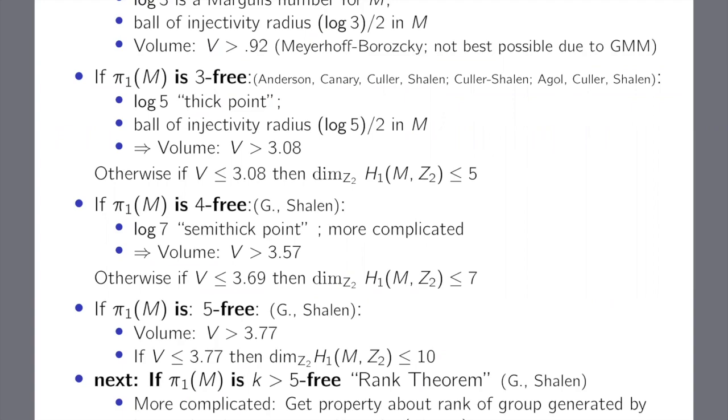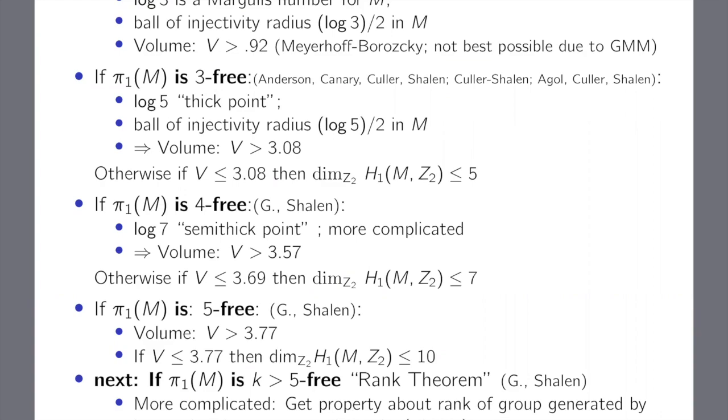So the point of this compilation is to show you that if you have some information about pi 1 of M being 2-free, 3-free, 4-free, 5-free, you can see there's a pattern here, that we're able to extract information about maybe a point of M, or in the rank 3 theorem at the very bottom, a certain subgroup of gamma.